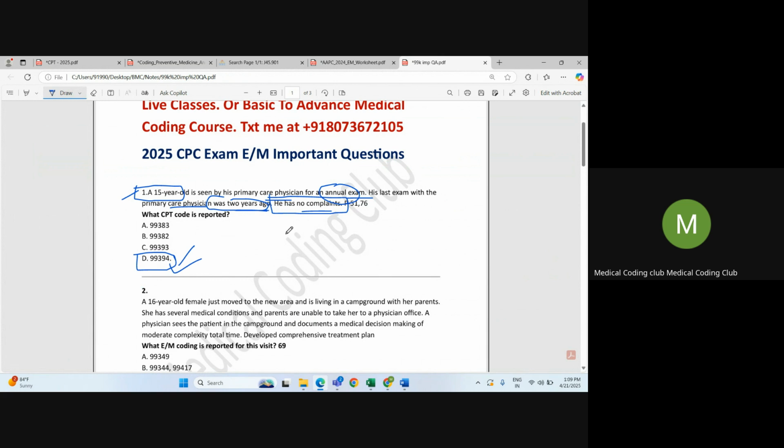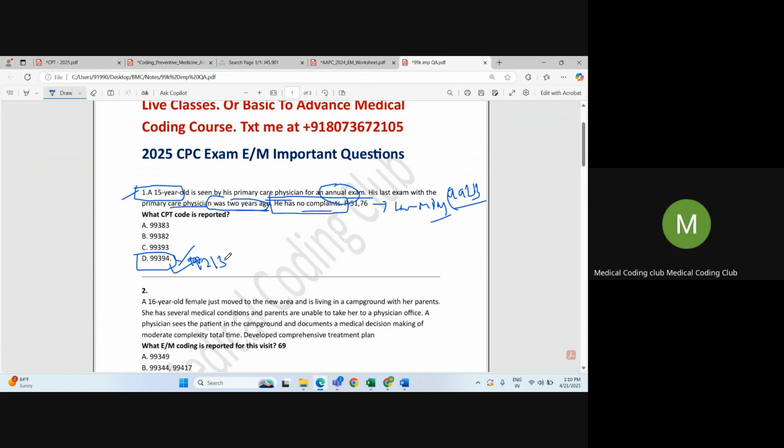If I get a question like this, say the patient is established, with low MDM, and overall E/M treatment also provided, then for low MDM, what code will you get? 99213. You need to assign this code.